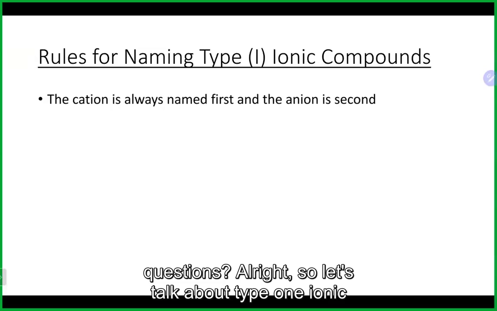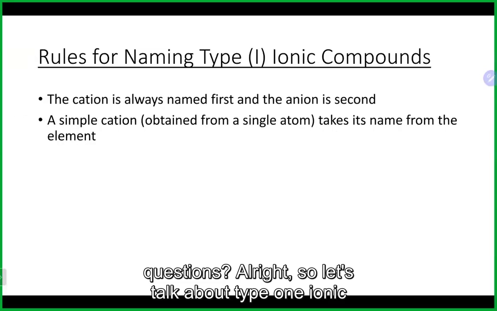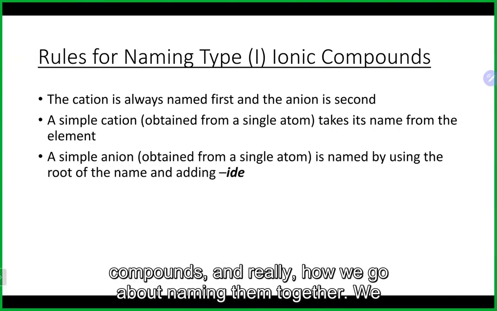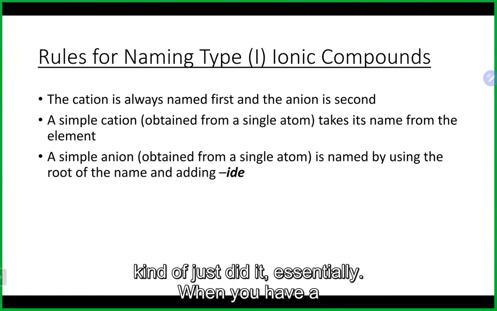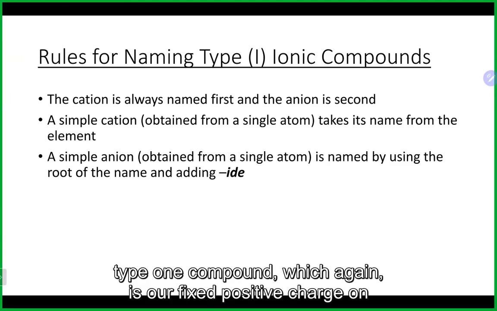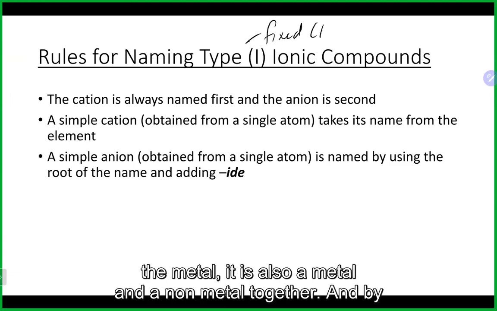All right, so let's talk about type 1 ionic compounds and really how we go about naming them together. We kind of just did it essentially. When you have a type 1 compound, which again is our fixed positive charge on the metal, it is also a metal and a non-metal together.